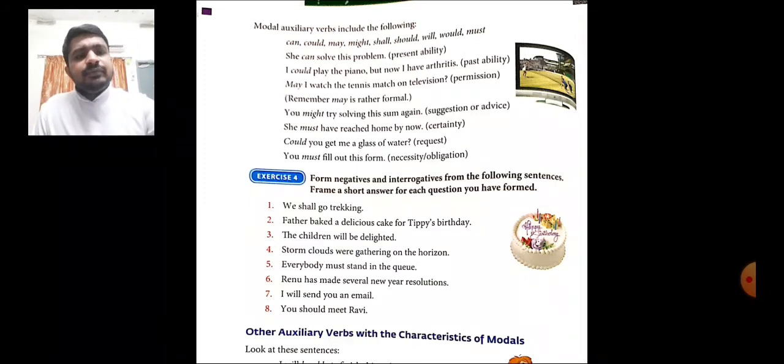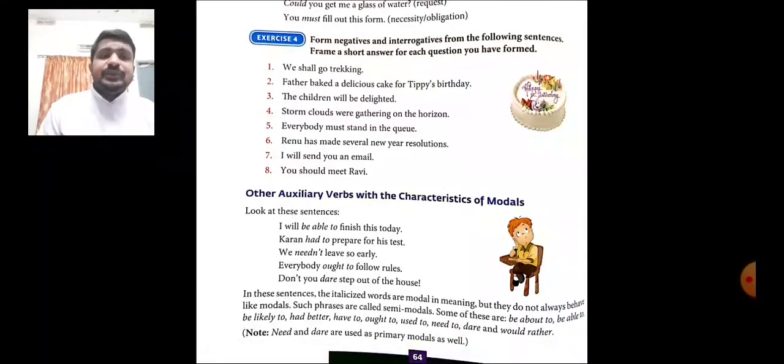Now other auxiliary verbs with the characteristics of modals. We have a few sentences where a few words are italicized. They are modals in meaning, but they do not always behave like modals.